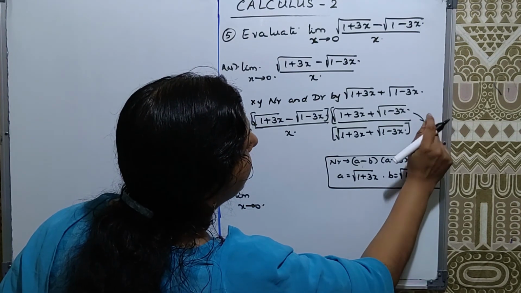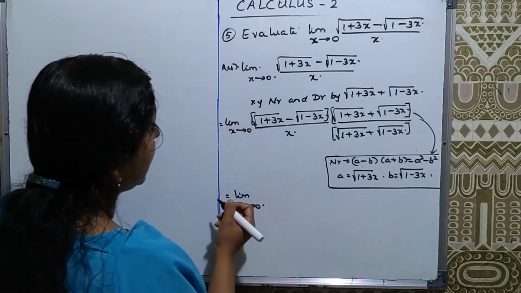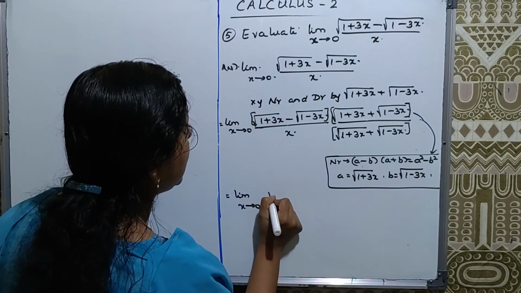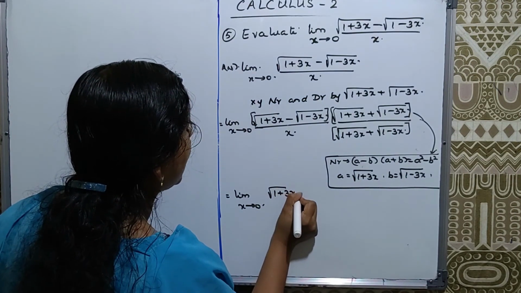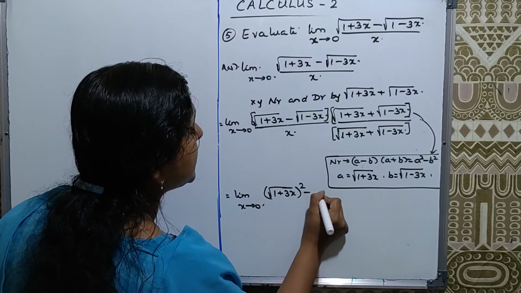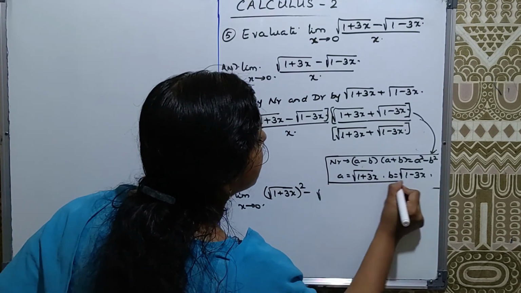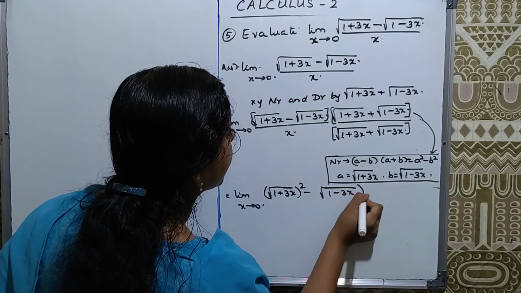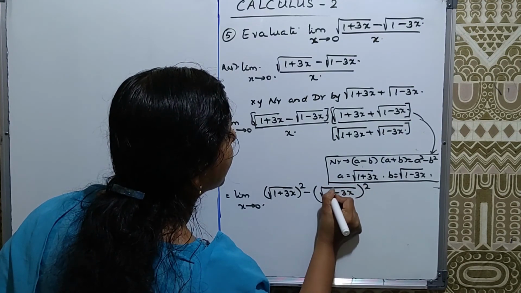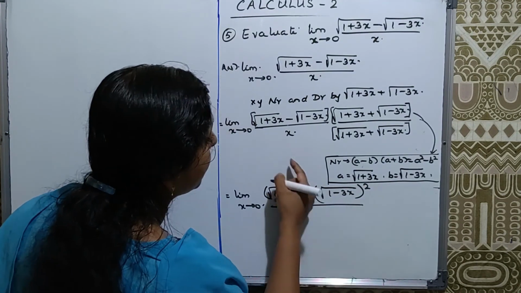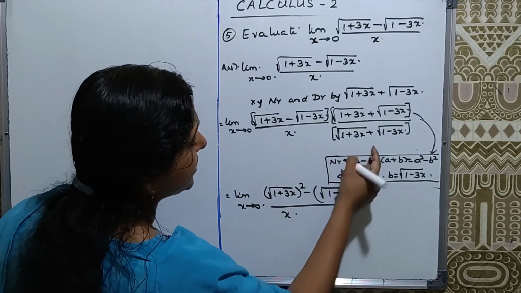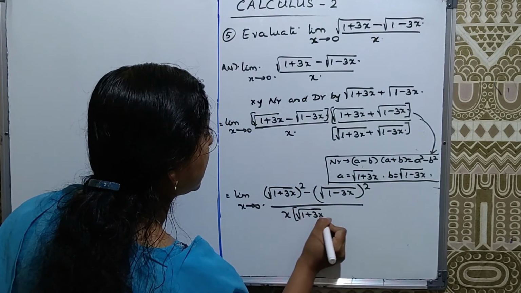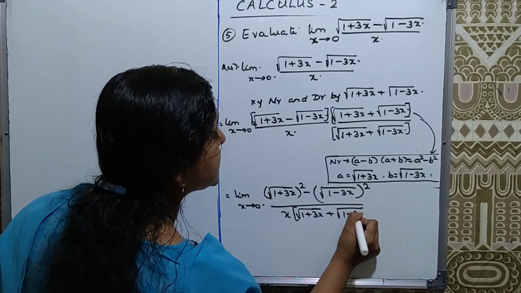Now in this one, limit x tends to 0, I'm applying the identity a squared minus b squared, that is root of 1 plus 3x the whole squared minus b squared, that is root of 1 minus 3x the whole squared, divided by x, and then the remaining terms into root of 1 plus 3x plus root of 1 minus 3x.